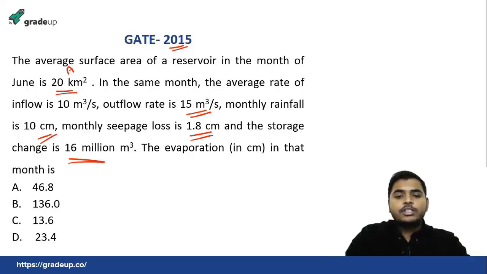If evaporation comes positive, then we can assume accordingly. Evaporation loss should not be negative actually. So let's solve this question. We know that this is a problem of the water budget method.